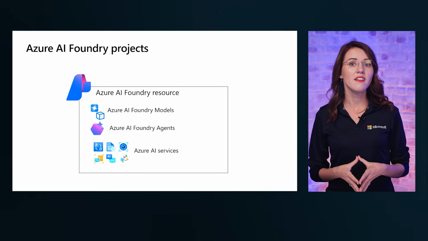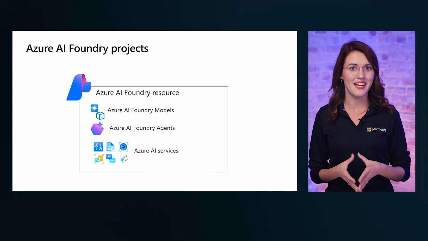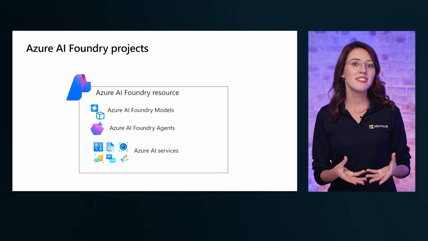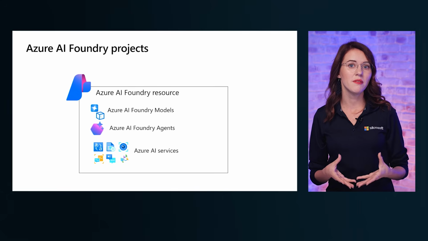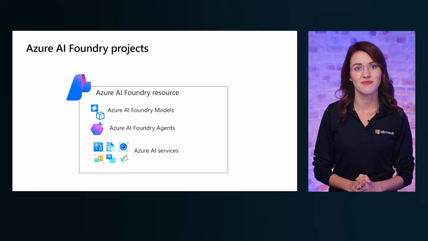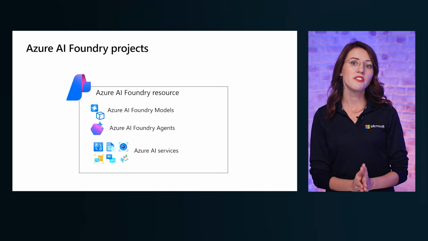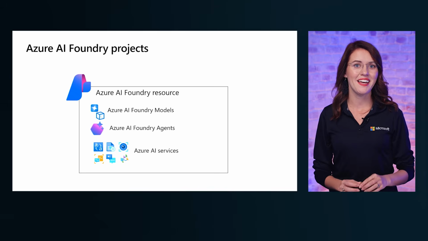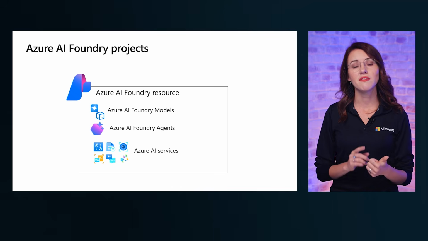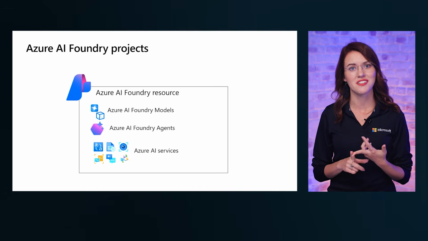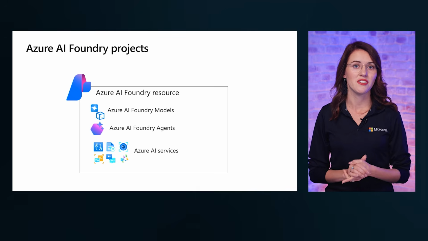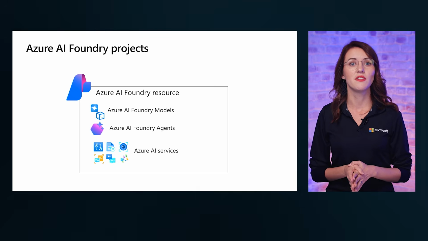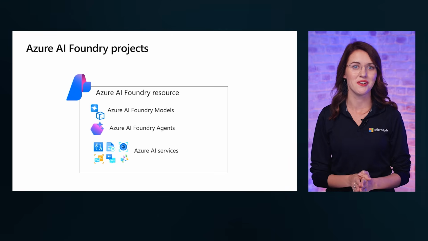These projects also include the Azure AI Foundry Agent Service, which provides a framework for building agentic solutions that can perform tasks autonomously. In addition, projects come with built-in Azure AI services for language, vision, and information extraction. We'll explore models and agents in this section, while AI services will be covered later in the course.